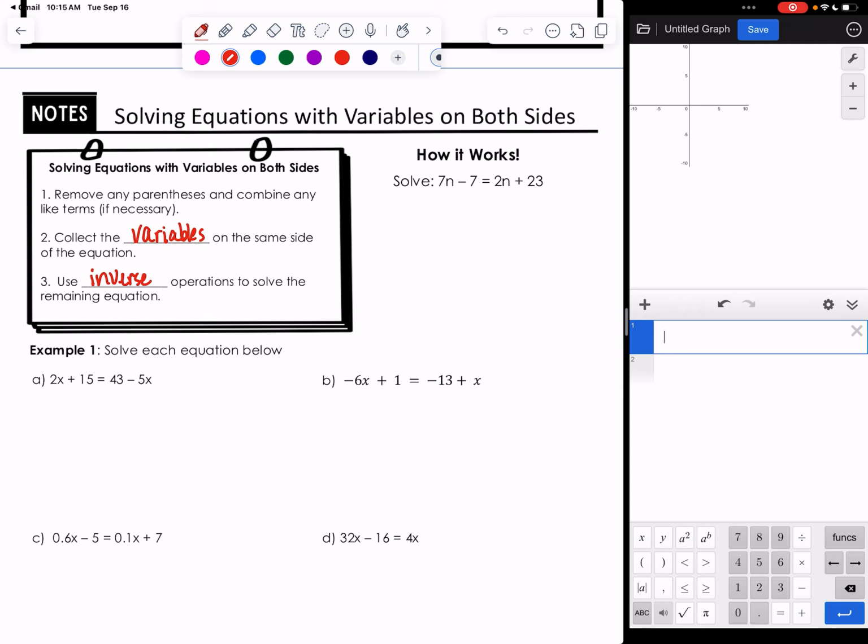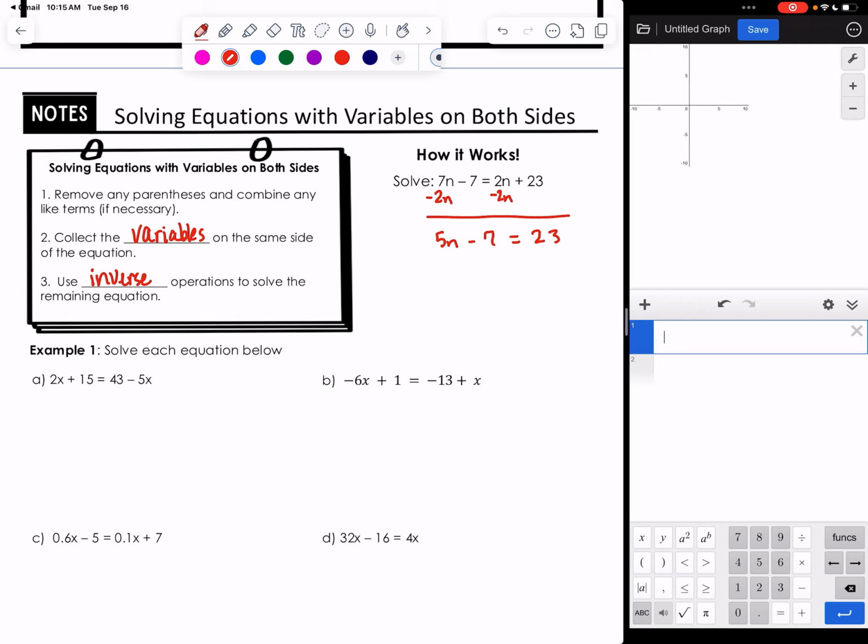So if I want to remove positive 2n, I would have to subtract it. Now, if I subtract 2n on the right side, I would have to subtract 2n on the left side. Now, 7n minus 2n would give me 5n minus 7 equals 23.